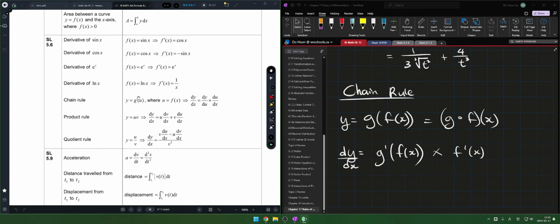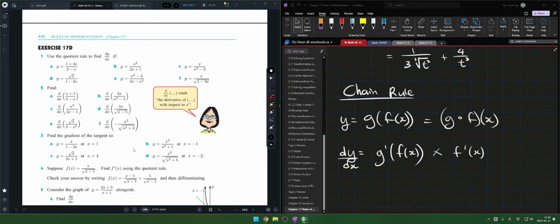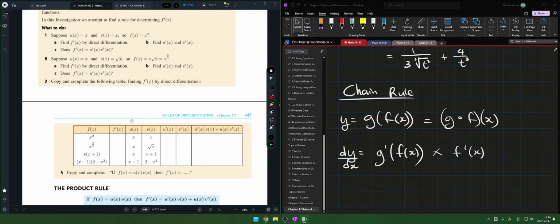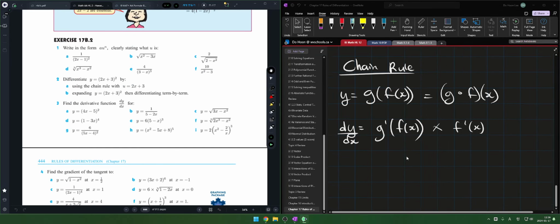Chain rule, yes, okay. So we do have it as y equals g of u, where u equals f of x, and dy over dx is equal to dy over du times du over dx. So we see the chain rule right there. Now let's take some examples of the chain rule.